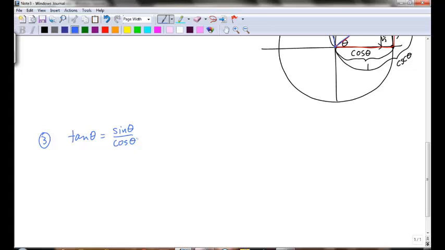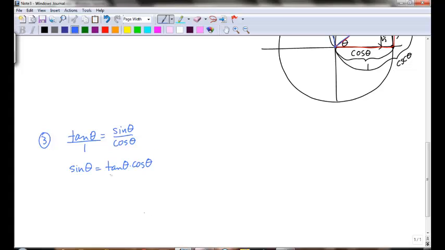Another way to write that, think of this as over 1. Now cross multiply. So if I cross multiply, I'm going to get sine of theta equals tangent of theta times cosine of theta. Okay, so I solved this equation for tangent. I solved this equation for sine. Now how can I get cosine by itself?